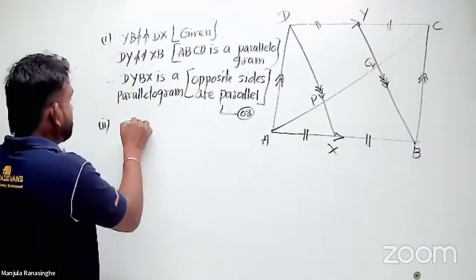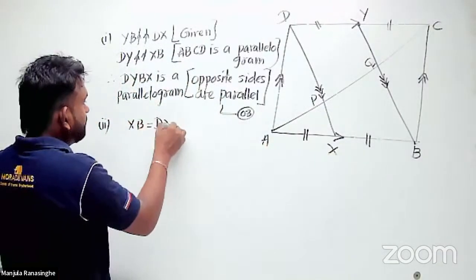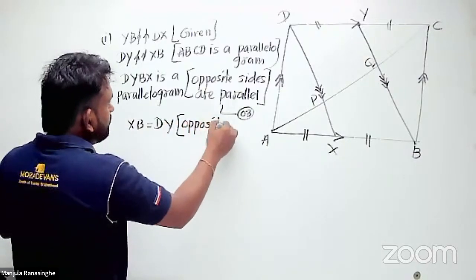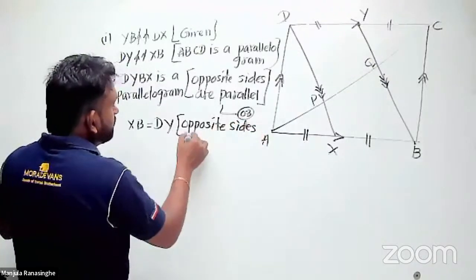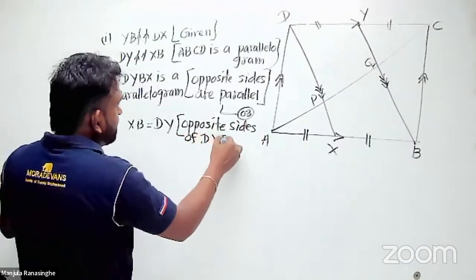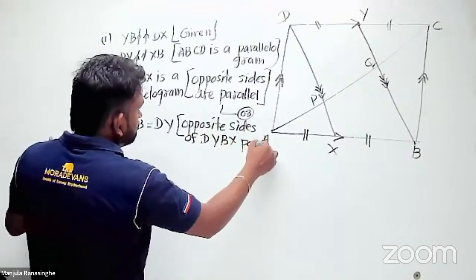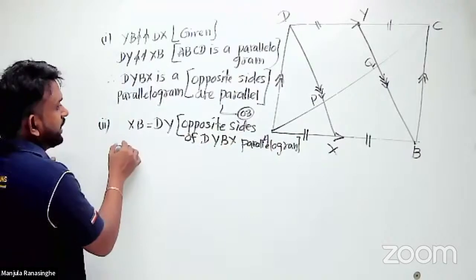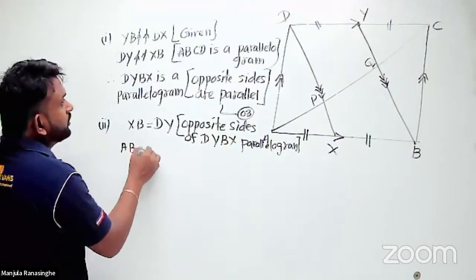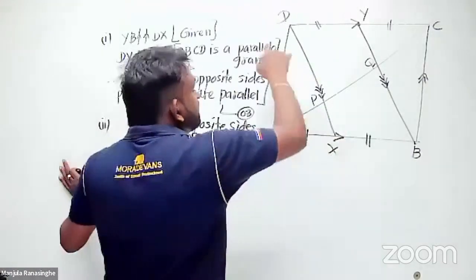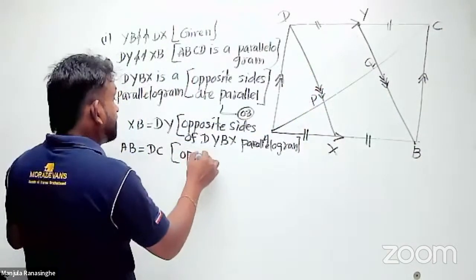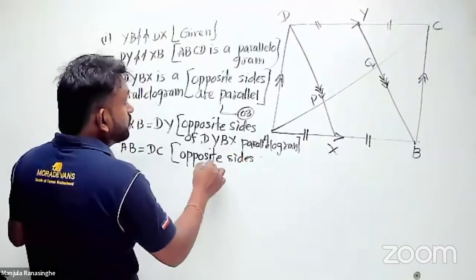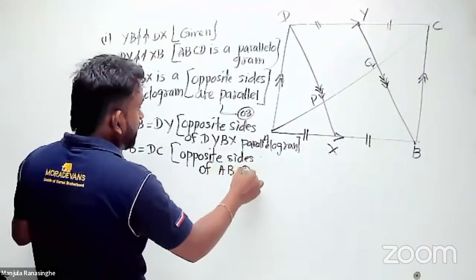You can write XB equals DY. Why the reason? Opposite sides of parallelogram DYBX. Okay. Further, you can write AB equals DC. That is also opposite sides of the other parallelogram. What is that? Opposite sides of ABCD parallelogram.